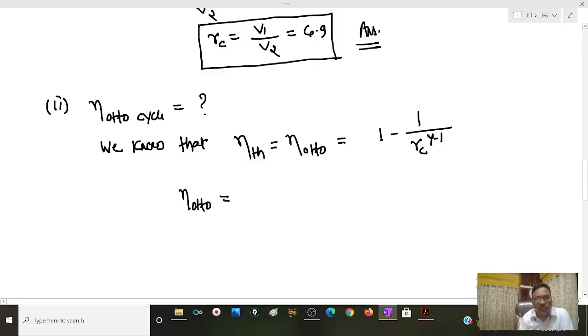Just now we have calculated the value of compression ratio, 6.9, to the power 1.4 minus 1.